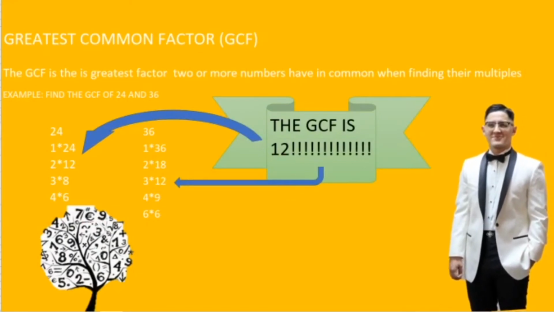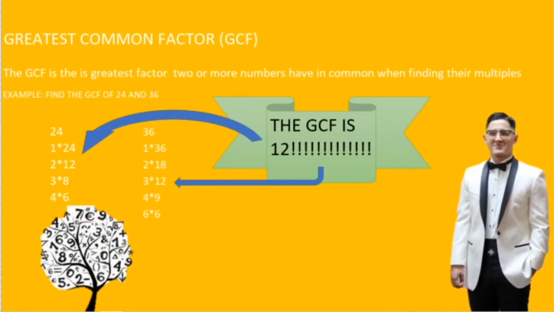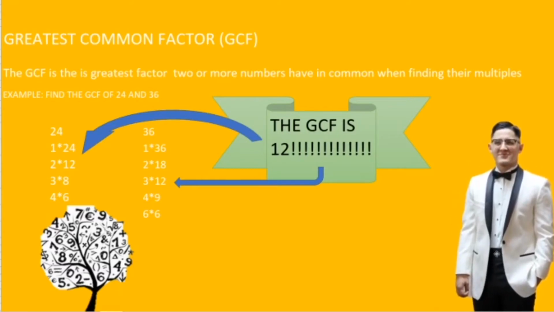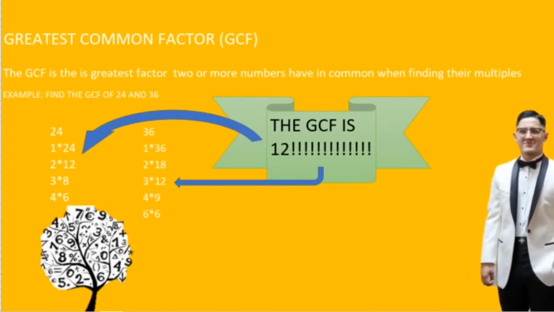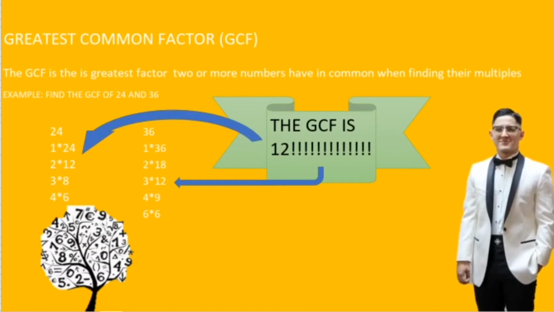Before we jump on to some problems, let's go ahead and talk about the greatest common factor, or the GCF. The GCF is the greatest factor 2 or more numbers have in common when finding their multiples. For example, let's find the GCF of 24 and 36.